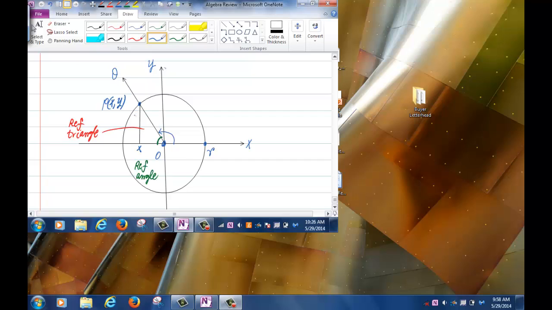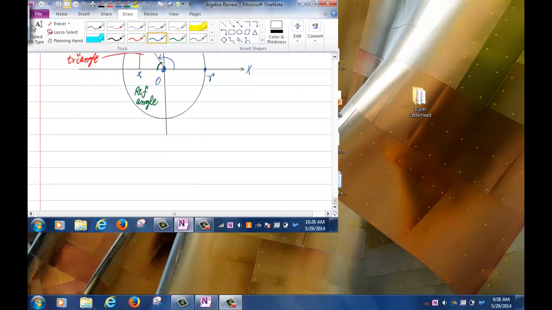It's given by y. Very good. So this is y. And what's the length of the hypotenuse? This is a circle of radius r. The hypotenuse is always the radius, right? So this side is r.